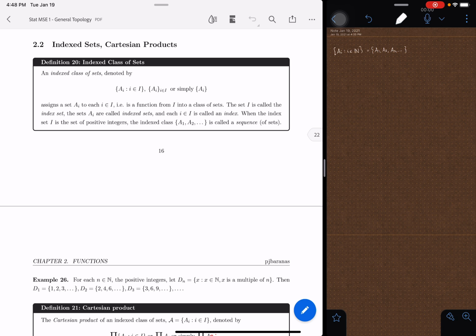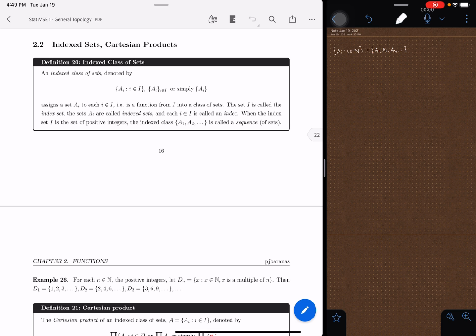So we denote an indexed class of sets by the set of all a sub i, where i is an element of the set I, or simply the set of all a sub i, where i is in capital I, or we can just drop the subscript.